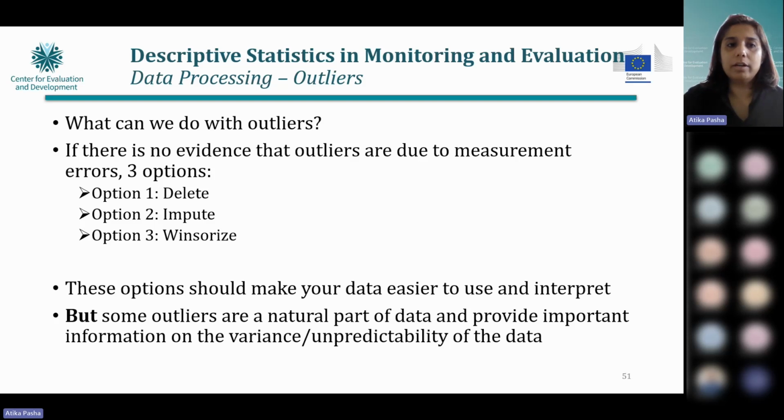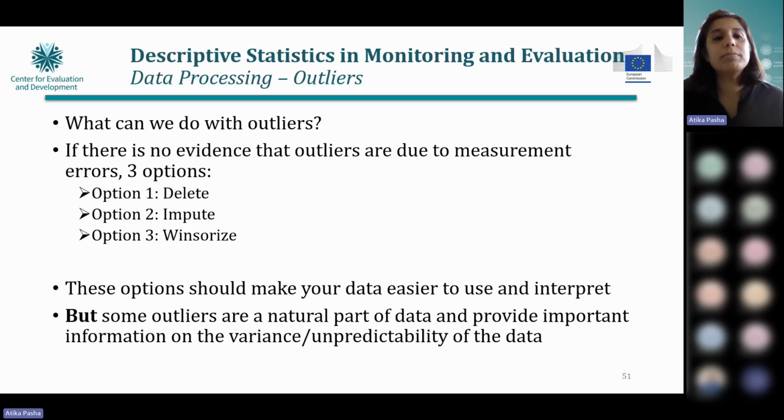Okay, so in our case, as I said, we have three options. Try to use the mean and the median to visualize the data. Try to use your measures of standard deviation to understand what is happening with the dispersion of your data.